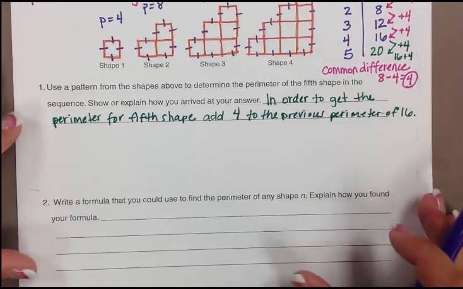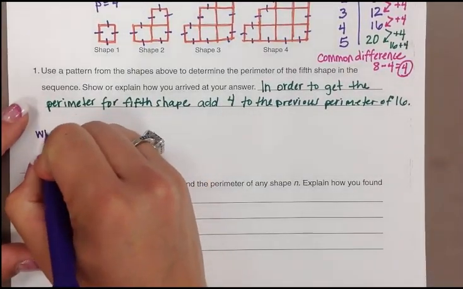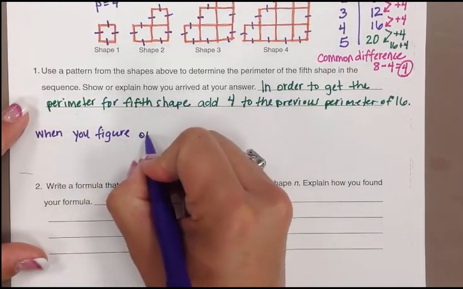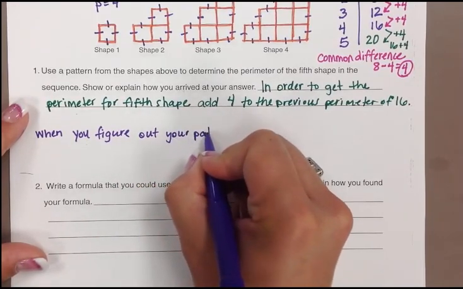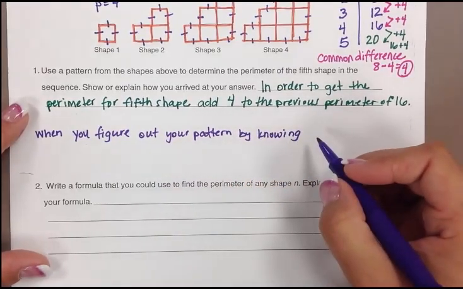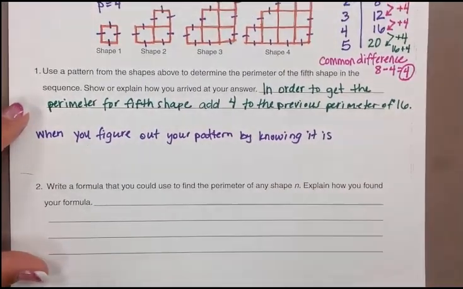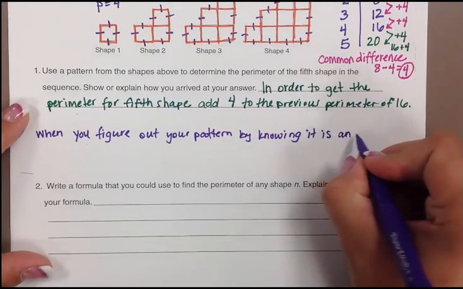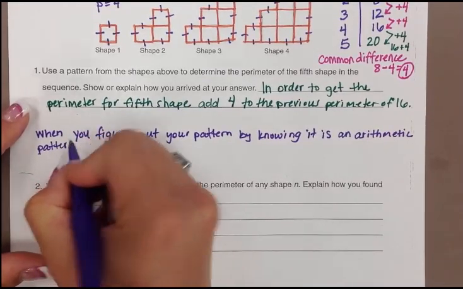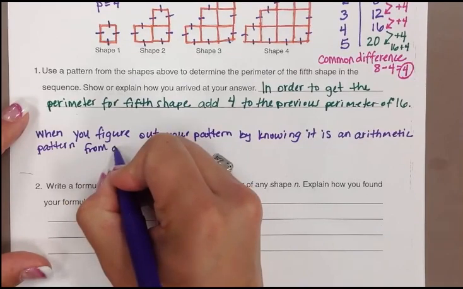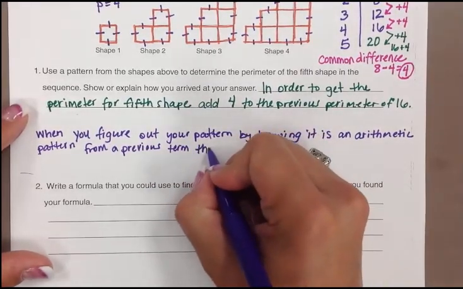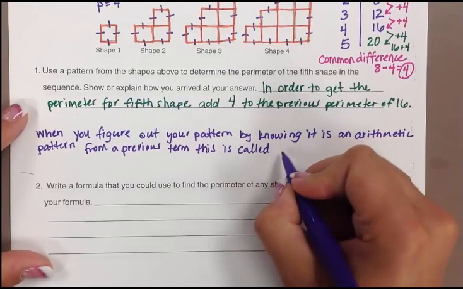So for a recursive formula, when you figure out your pattern by knowing it is an arithmetic pattern, meaning that you're adding or subtracting to get to your next term from a previous term, this is called a recursive formula.